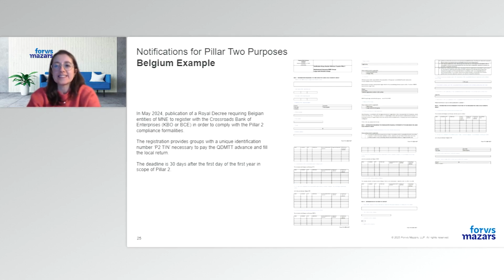It just says that the German group head, it may be the UPE if it is located in Germany, but if the UPE is not located in Germany and there's only one entity in Germany, that would be the group head, has to be identified to the German Federal Tax Office. So it's a very comprehensive form that can be digitally transmitted to the German authorities.